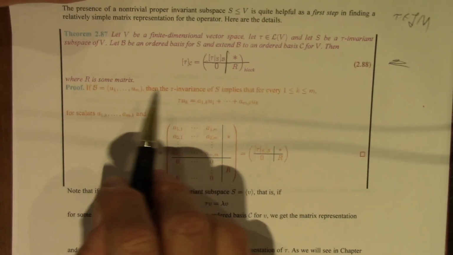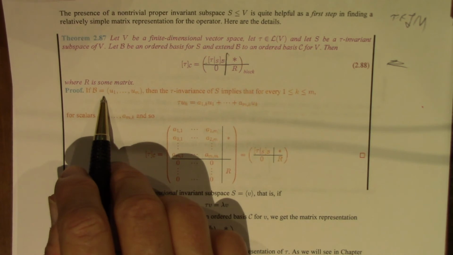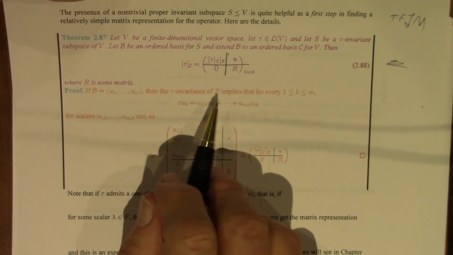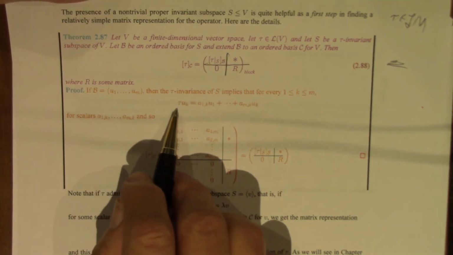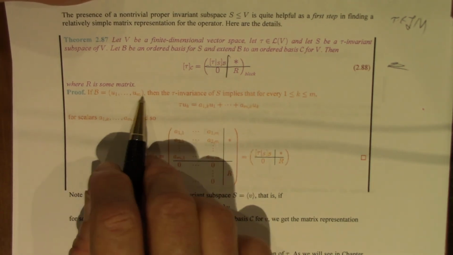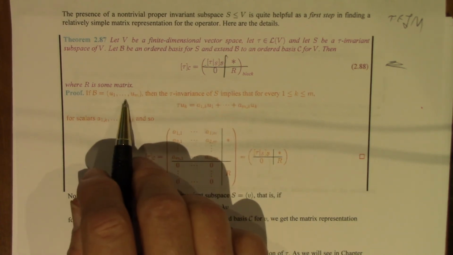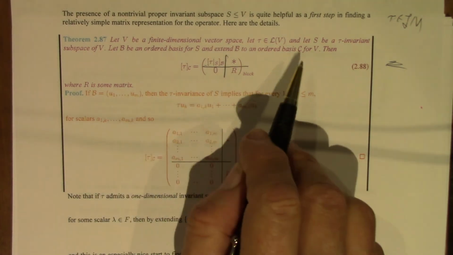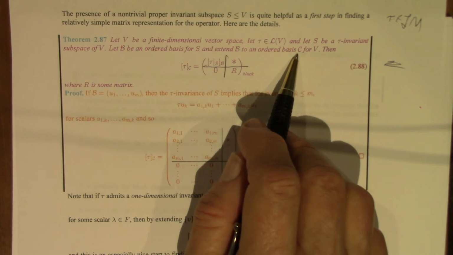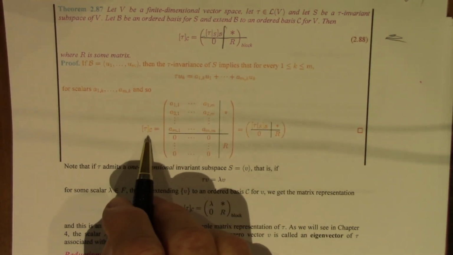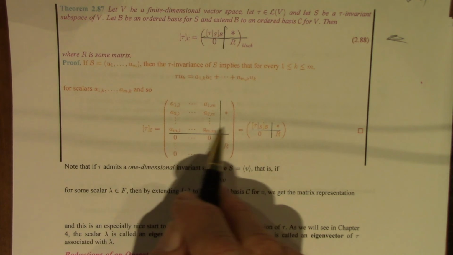The proof here is pretty straightforward. Let's say here's our basis B for the invariant subspace S. Then the invariance of S implies that the image of each of these basis vectors is a linear combination only of these basis vectors. They don't involve any other vectors from the full basis C. And so when we create these first m columns of the matrix representation, they're going to look like this.